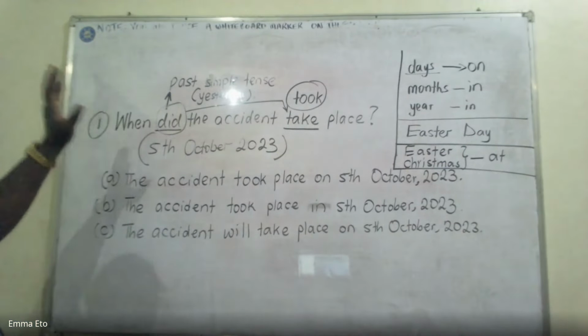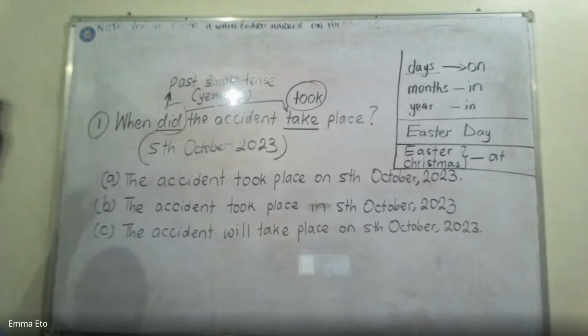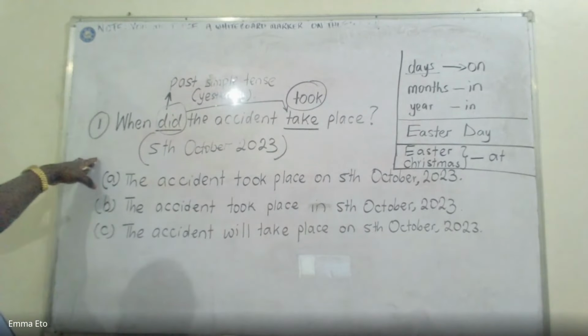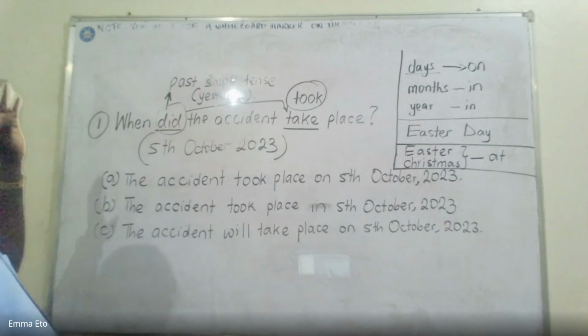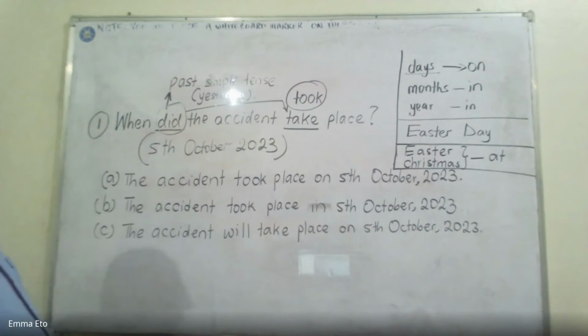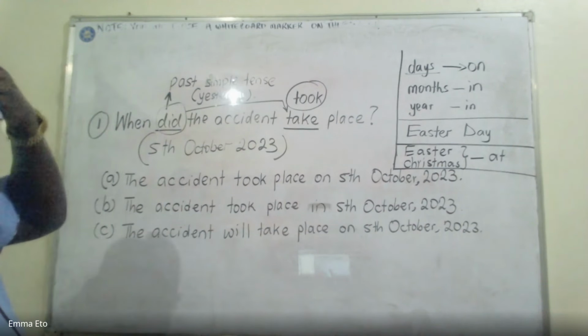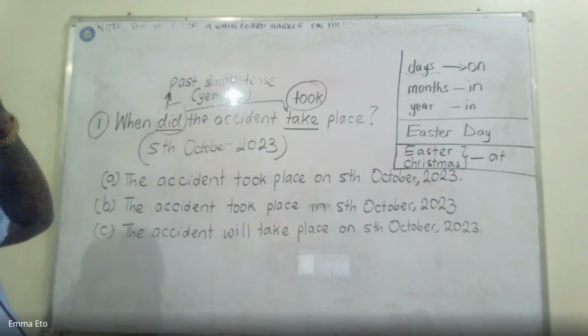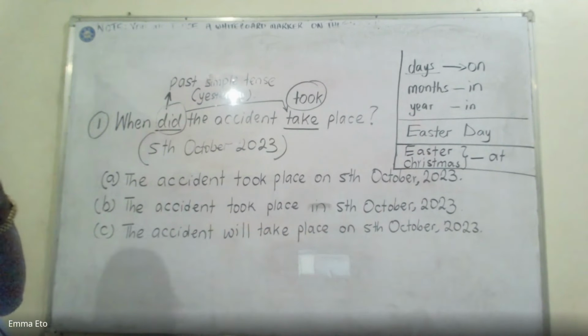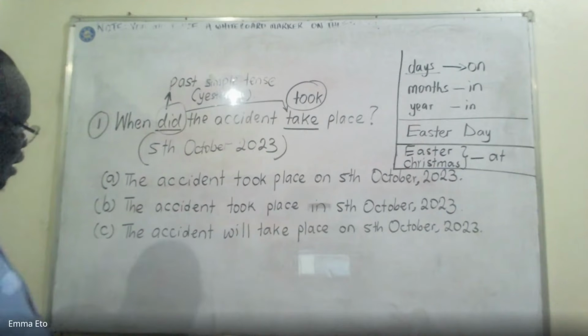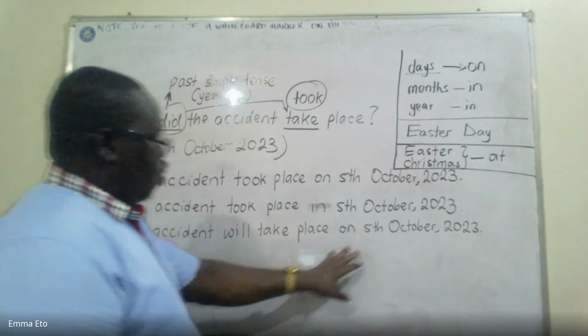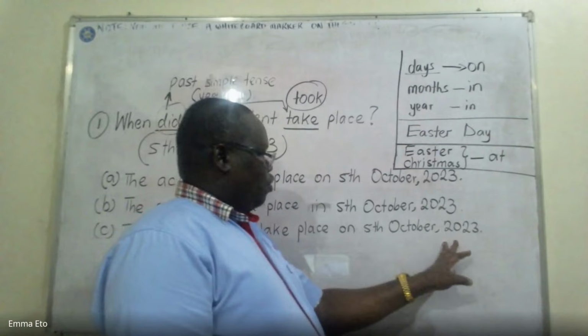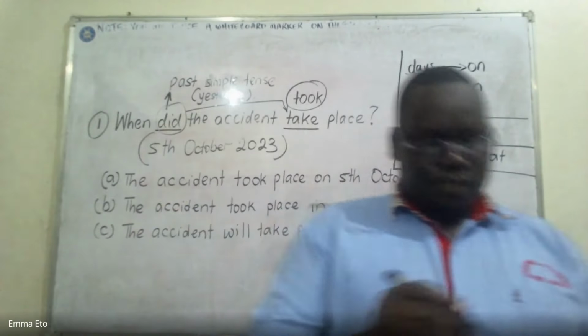Now, looking at this, when did the accident take place? Answer number 1: The accident took place on 5th October 2023. Answer number 2: The accident took place in 5th October 2023. The third one: The accident will take place on 5th October 2023.